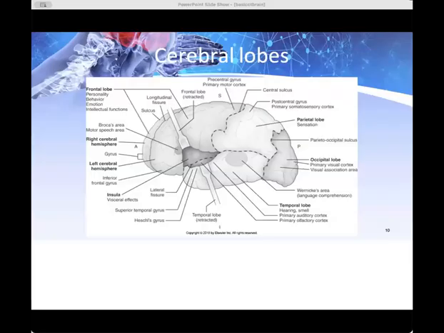The cerebral cortex of each hemisphere can be divided into four individual lobes: frontal, parietal, occipital, and temporal. These four lobes correspond to locations in the cranium bones with the same name.